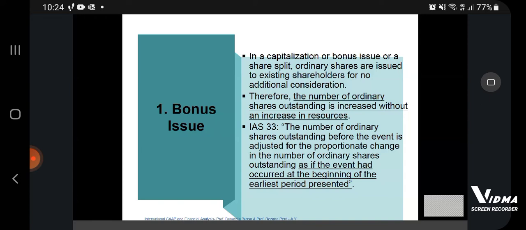So, as we prepare financial statements for the last two periods, 2021 and the previous year, 2020, the standard requires us to take the bonus issue as far in the past as we can. This is the retrospective adjustment requirement of IAS 33. How far? Earliest period presented.